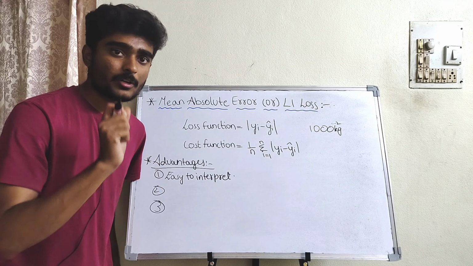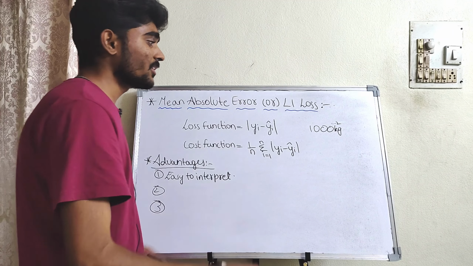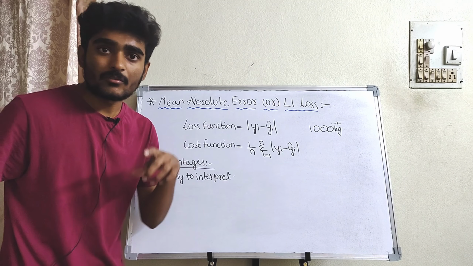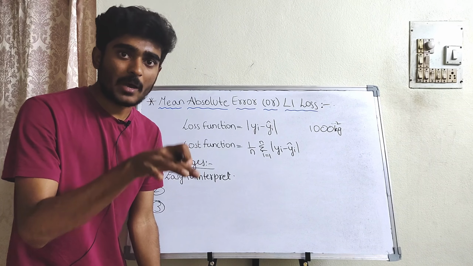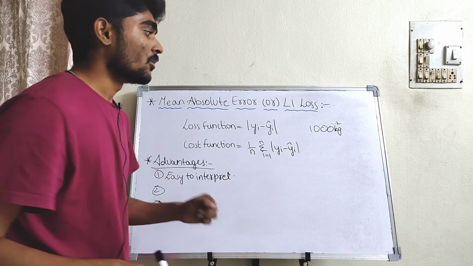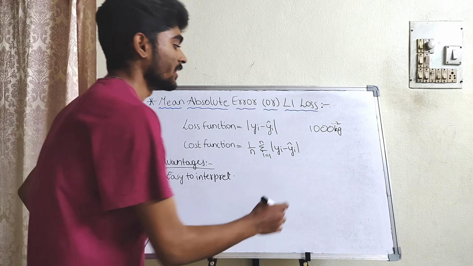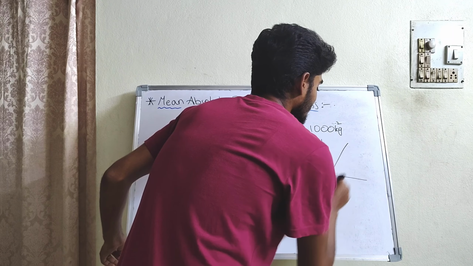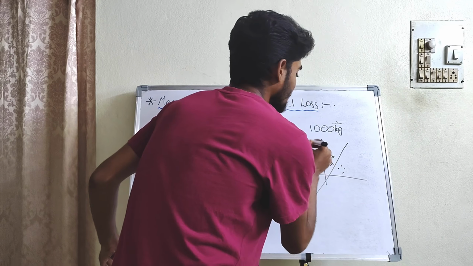In MSE loss, we used to square the loss so that we can magnify the loss and better update the weights and bias value. But when outliers are involved in our data, let's say this is our data and this is the outlier.